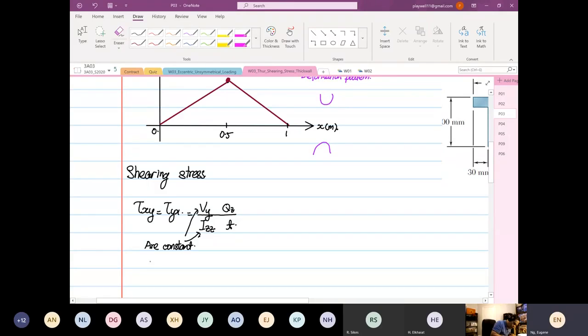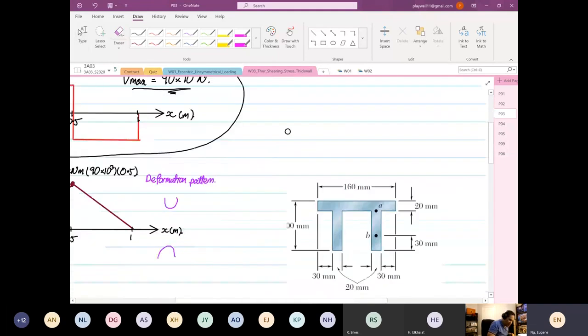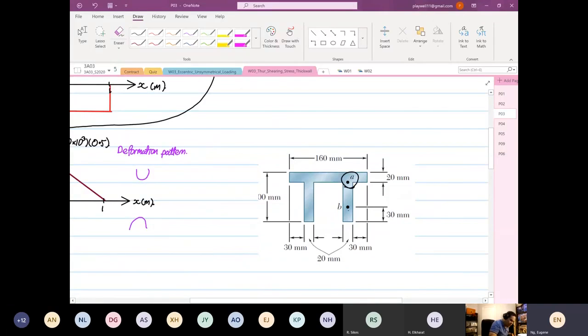Yep. So this is rule number 1. I know that we want to identify what is at point A and what is at point B. But we have to apply rule number 1. Rule number 1 states that V and I are constant regardless of any points that you are interested in. It gets really confusing if you don't have all these rules.